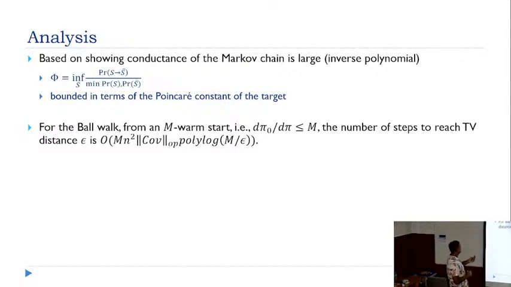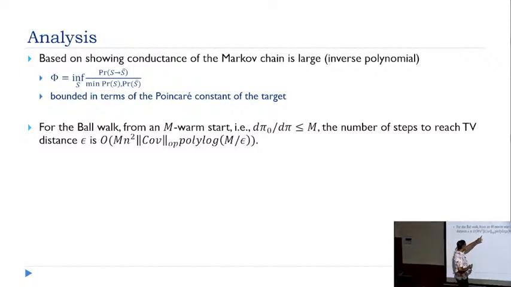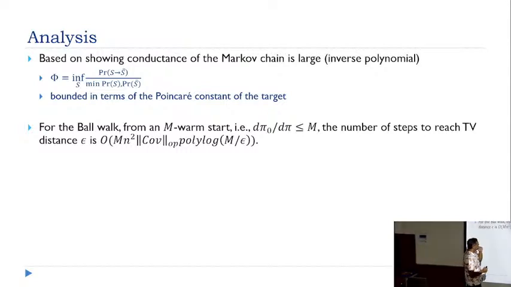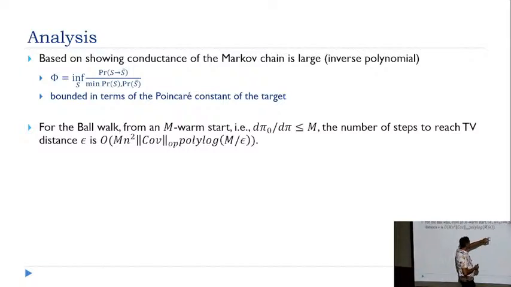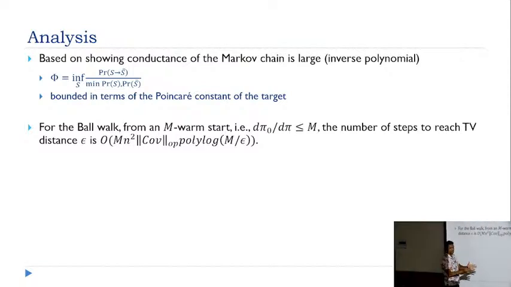And so here's what the result looks like for the ball walk. If you have an m-warm starting distribution, so you can't start from any point you want. I mean, you might get stuck right away. But if you start from a distribution whose density is bounded compared to the target by some m, then the number of steps to reach a target epsilon total variation distance to your target is bounded by this warmness, dimension squared.